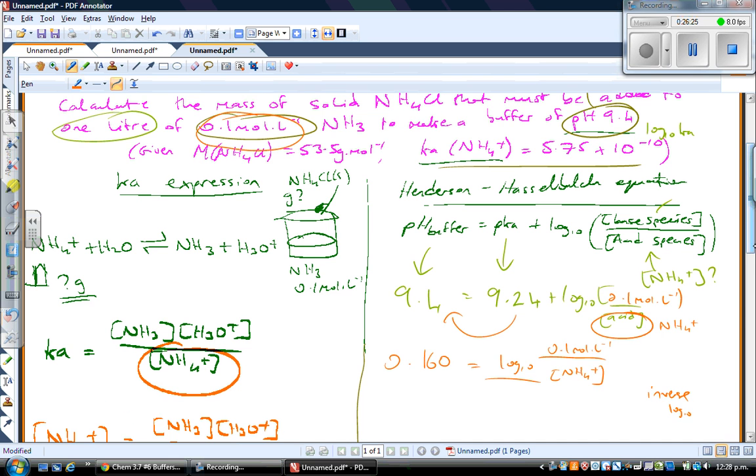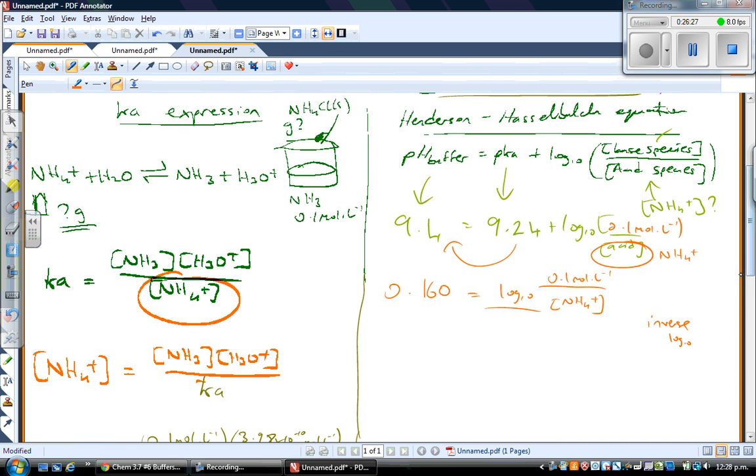So just shift and then log 10 on your calculator, and that will sort out the log 10, and then you need to do the same on the other side. If you get the inverse log of both sides, the 0.160 becomes 1.45, and then this becomes just 0.1 moles per liter over the concentration of NH4 plus.